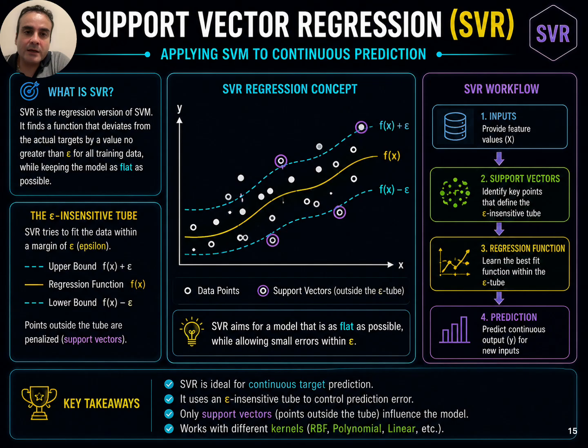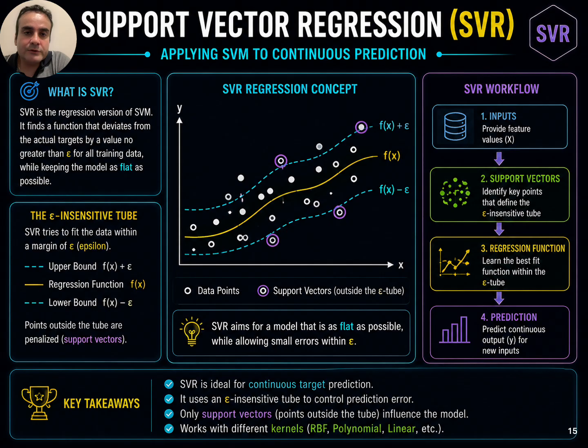Errors inside this tube are ignored, while larger deviations are penalized. The figure illustrates how SVR identifies a regression function that balances prediction accuracy and model simplicity. Only observations outside the epsilon tube become support vectors and influence the final model.